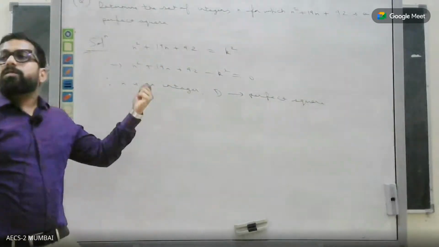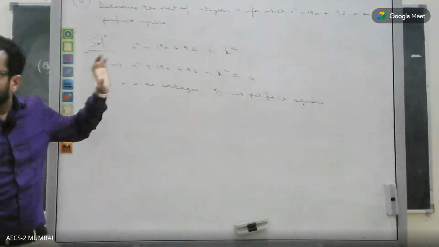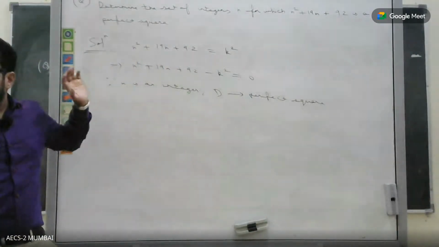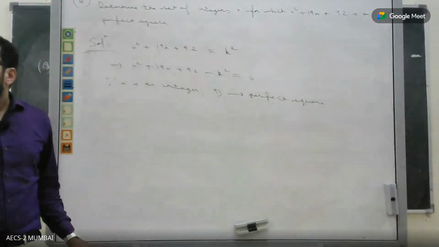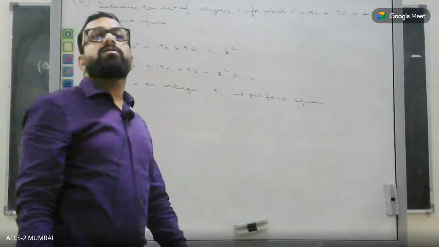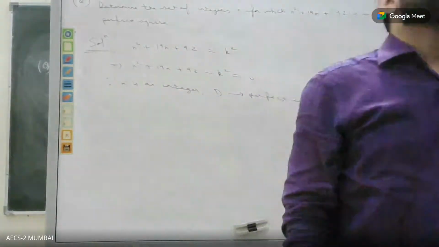see, since this equation will give you integer roots, integers are rational numbers, right? So D must be a perfect square, correct? Since integers are rational numbers, discriminant must be a perfect square, na? If D is not a perfect square, you will not get an integer root.